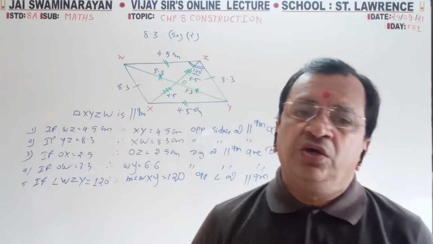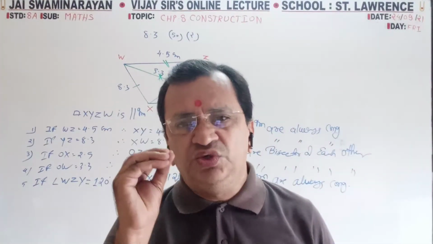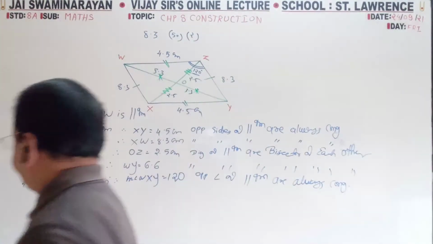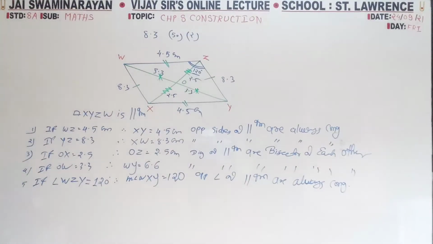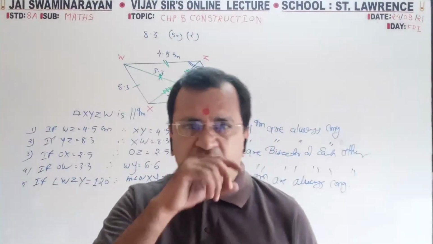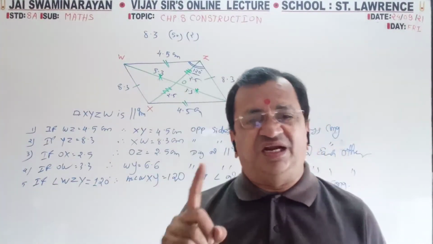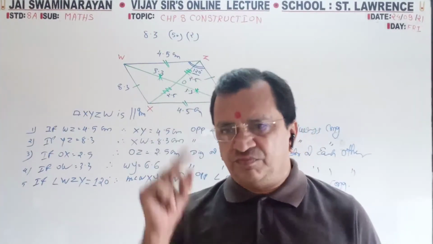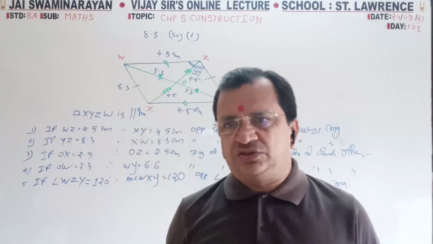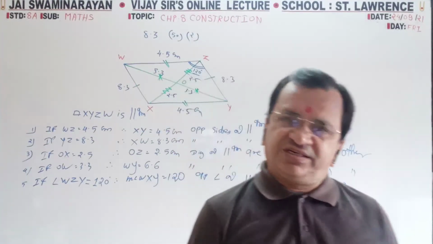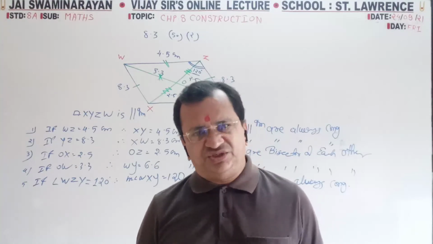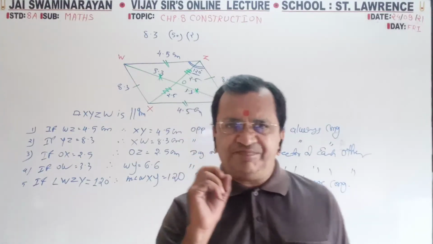For every type of construction, you need at least 5 pieces of information, because a quadrilateral has 10: 4 sides, 4 angles, 2 diagonals. Out of 10, a minimum of 5 are required to complete the diagram.